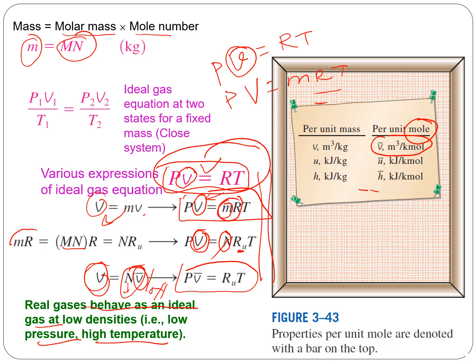Otherwise, the ideal gas equation may not give you good results. In that case, maybe we can use the ideal gas equation with the compressibility chart. That's what we'll discuss in the next class. So this equation gives you good results when you have low pressure and high temperature.